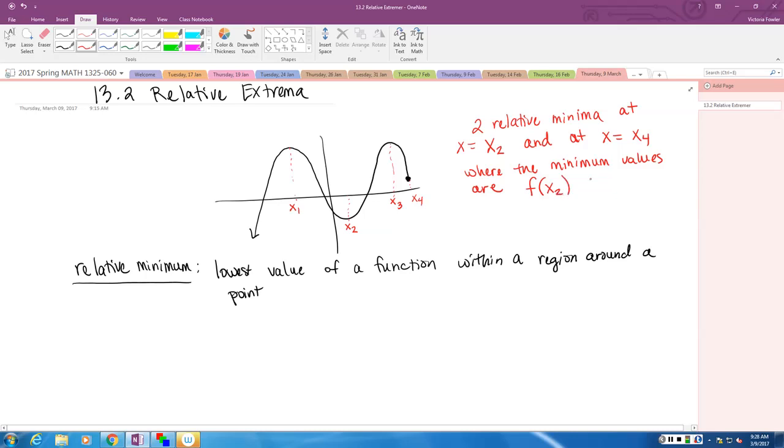Yep, f of x2 and f of x4. So you need to realize there's a difference between where the minima is, it's at an x value, and what it is, it's the y value. Okay. So if you need to put like a little note down here, value of a function, that's talking about the y value.